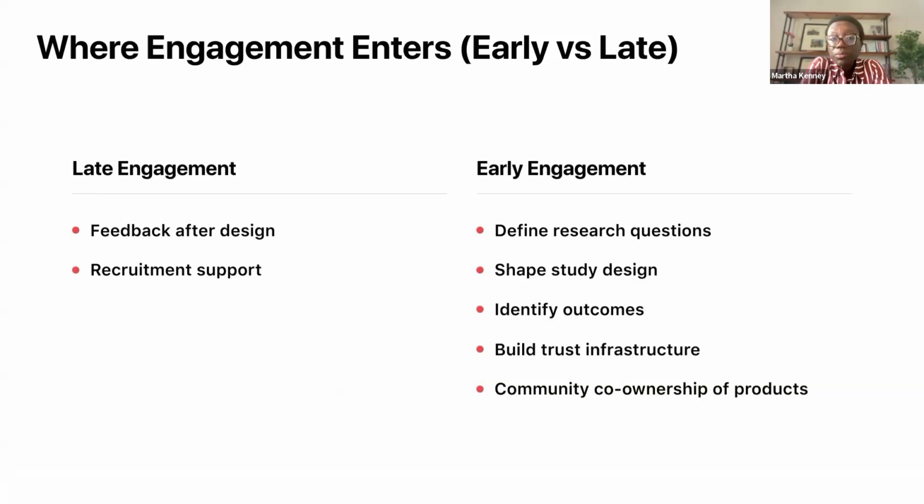Or I might ask for recruitment support. I might reach out to a local community-based organization that I know well and say, hey, we're doing this study. Can you partner with me in getting the study publicized and having people know about the study? And can you support us in recruitment? That's how engagement has been done.